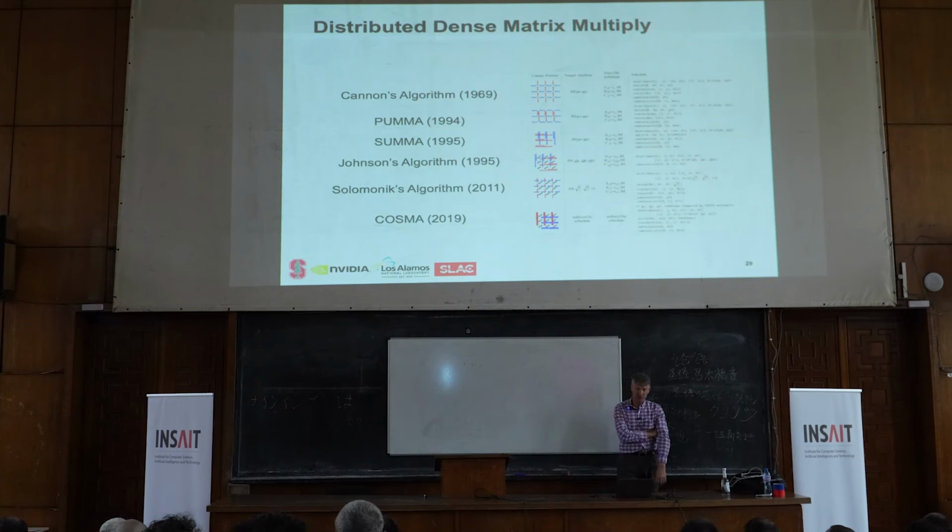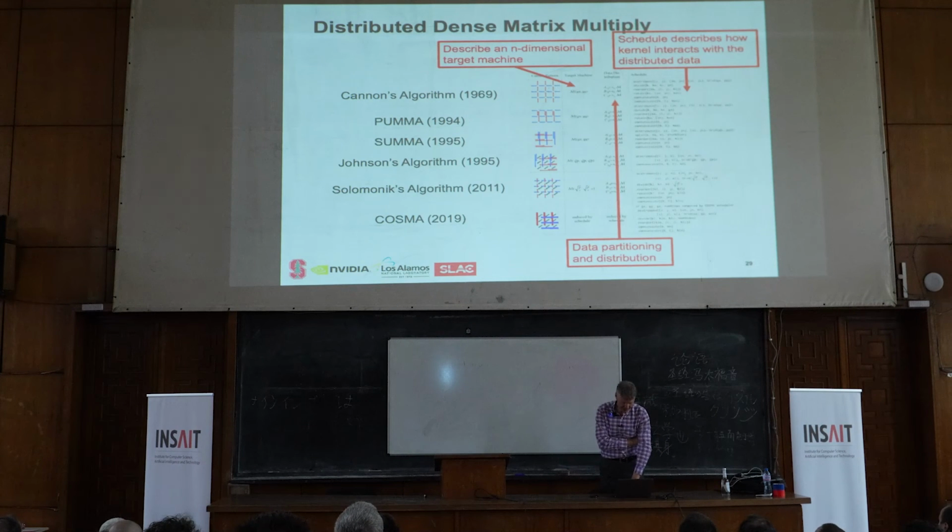Here are the actual specifications of the standard matrix multiply algorithms from the literature, and I apologize that this is probably a little hard to read. Basically what you're providing here is a description of the machine you're going to run on. A lot of these algorithms are written for an n-dimensional machine, where it might be 2 dimensions, 3 dimensions, and some of the algorithms are actually 2.5 dimensions. So you have to say a little bit about what the abstract machine looks like. You have to describe the data partitioning.